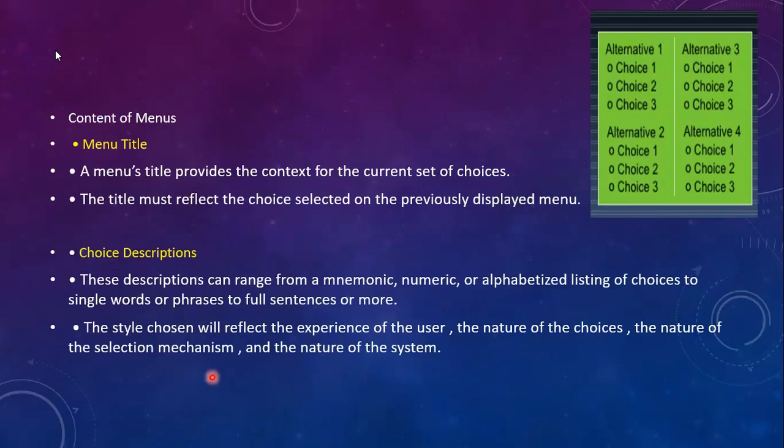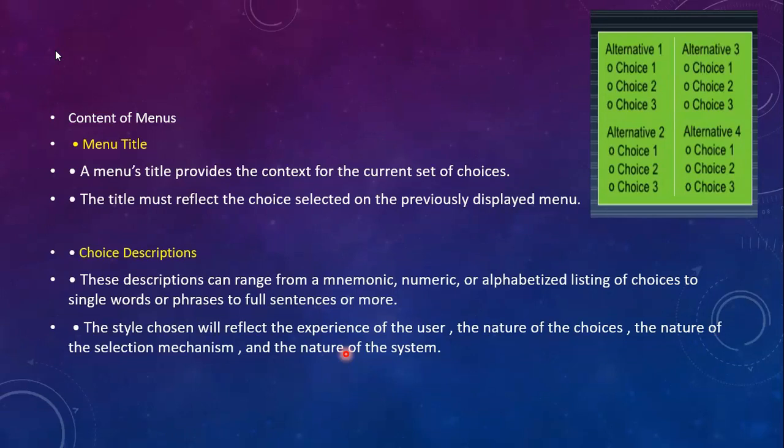Selection mechanism means whether you are using a keyboard or a mouse. To select a particular choice, you normally use a mouse, or you can use a keyboard also. That is called the selection mechanism. When we talk about the nature of the system, it means the application may be a business system application, or you may be using websites.